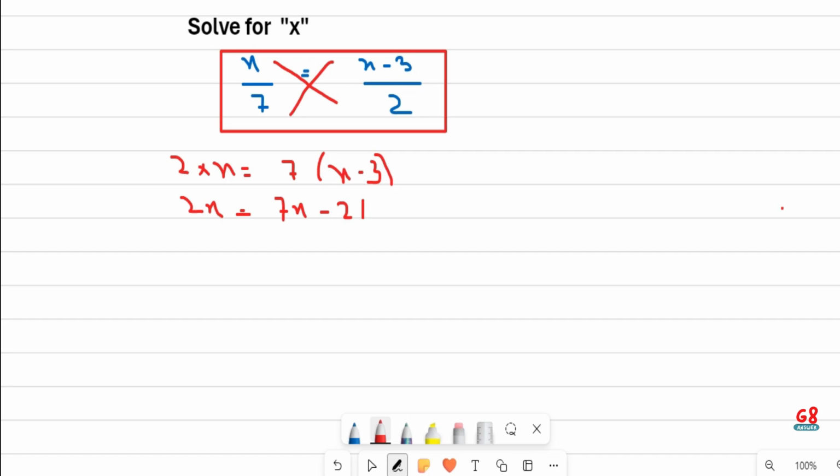Minus 21. Now we have to find the value of x, so we will solve this. 2x will go there, it will become minus 2x, and minus 21 will go there, so it will become plus 21. And it will become 7x minus 2x.